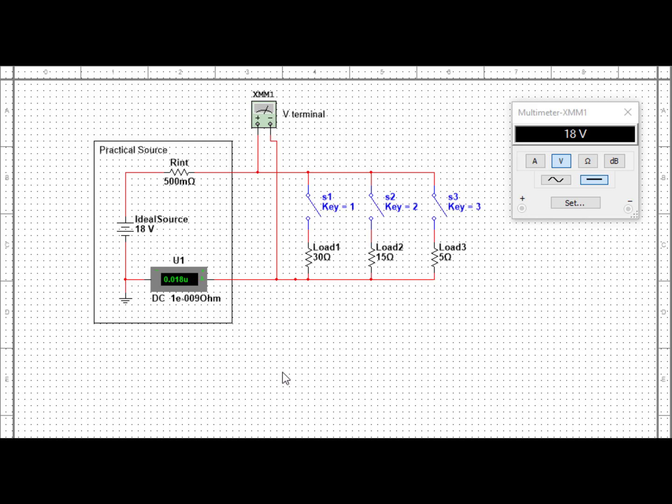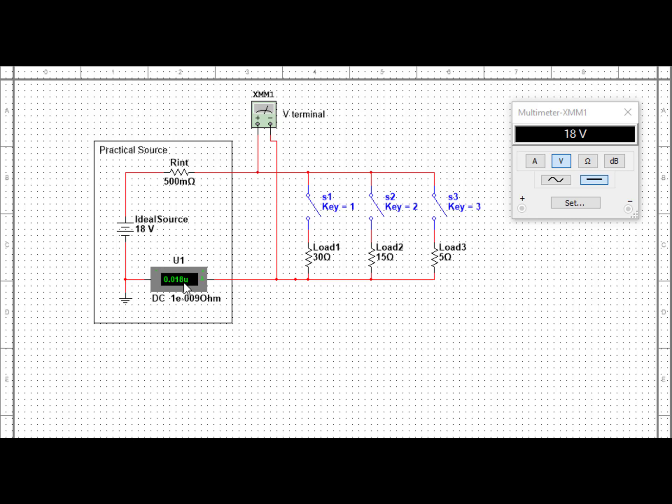No load connected, no load current, and an open circuit V terminal. This is handy because this tells us what the internal voltage is with one measurement. If we didn't know this was 18 volts, an open circuit V terminal would allow us to determine what the internal voltage was, because we know without current we will have no voltage drop across our internal resistance. So this open circuit value will always tell us what value the internal voltage is.